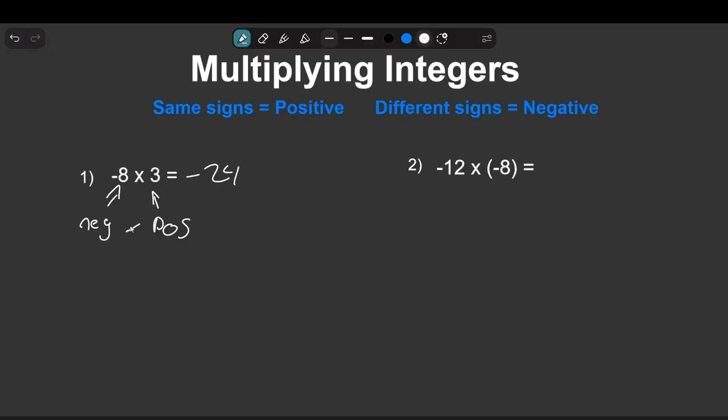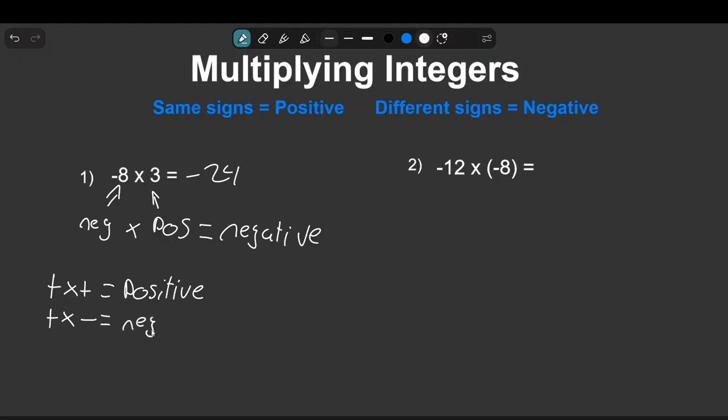If we're multiplying these, we get a negative number, like this. I'm going to write this down also for y'all. If you are doing positive times positive, we get a positive. A positive times negative, we get a negative.